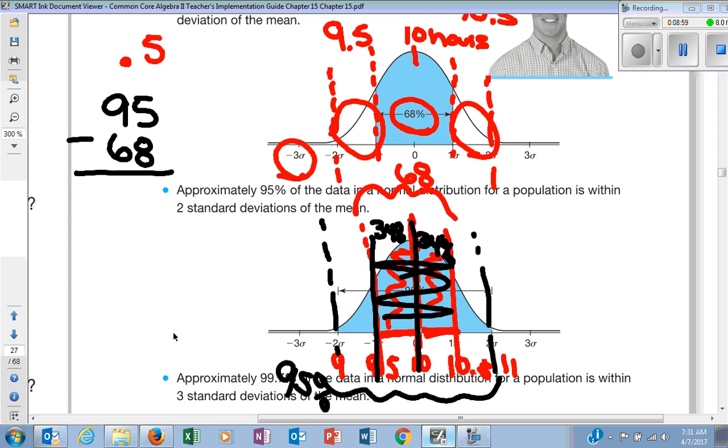And then what do we have to do after that? So this is going to be 27. What do we have to do with that, you think? Divide it by 2 to get how much this percent and this percent. So you realize that this percent and this percent is 27% of the data. So if I divide it by 2, you guys following me?